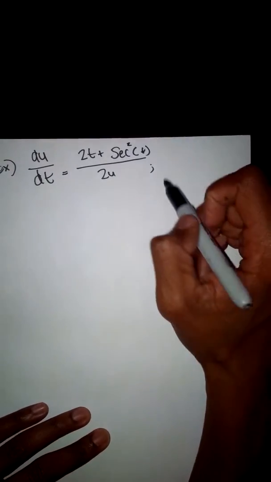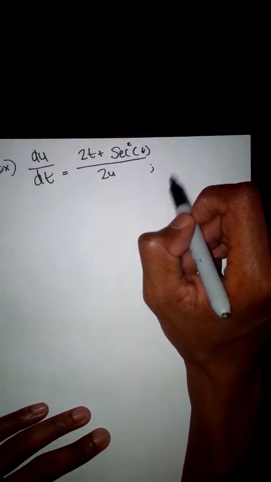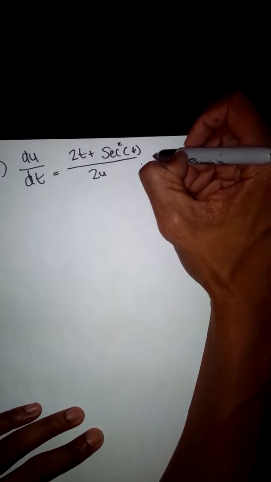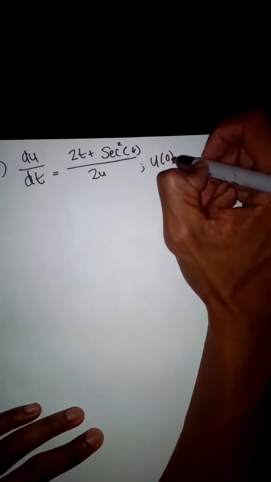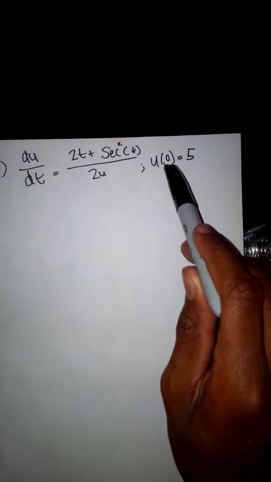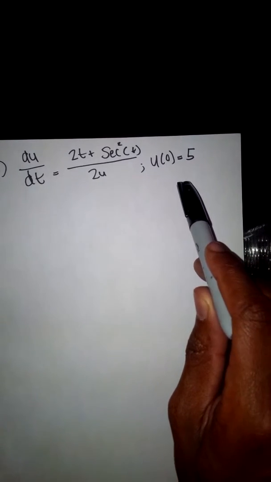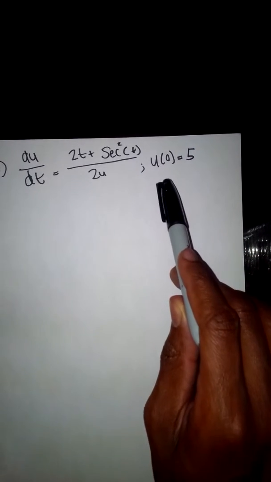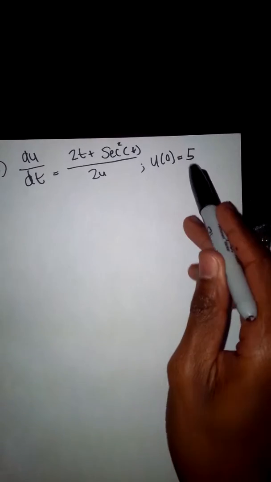Now, this also contains something called an initial condition, which in this case is u of 0 is equal to 5. Basically, the initial condition tells us that somewhere on the curve of u, where t is equal to 0, u is going to be equal to 5.